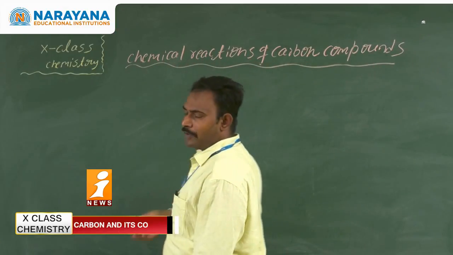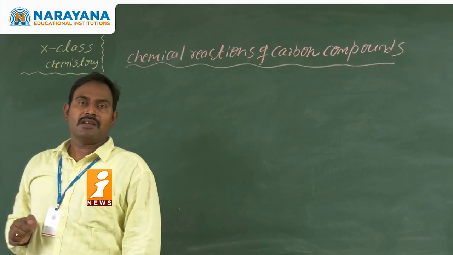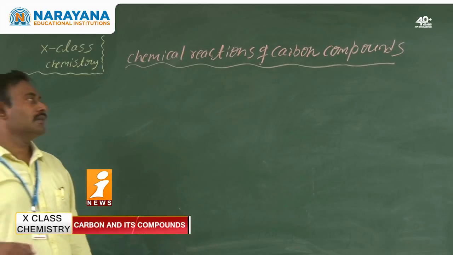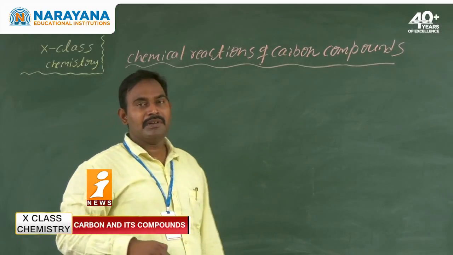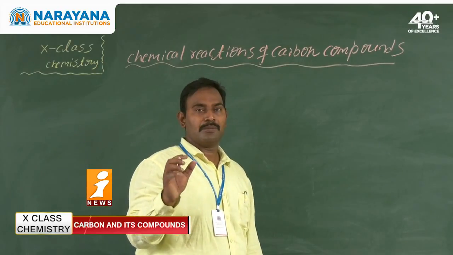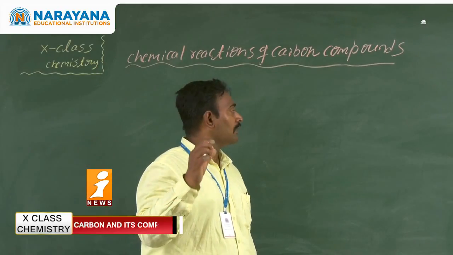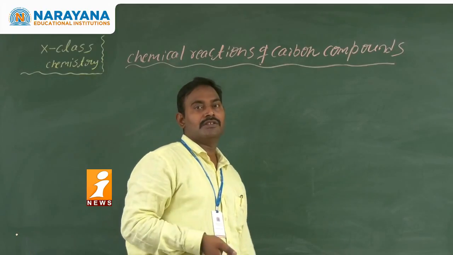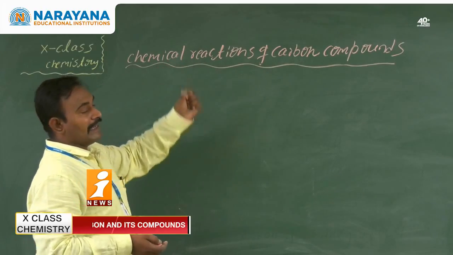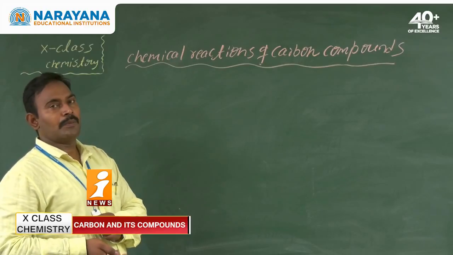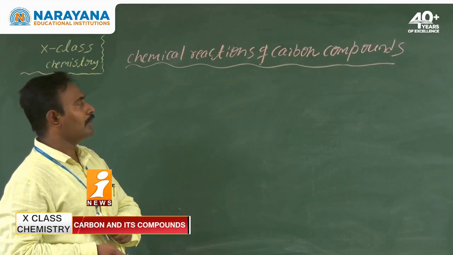Generally, approximately 5 million organic compounds exist, but all the compounds commonly exhibit some common chemical properties. So we can find mainly 4 types of chemical properties in carbon compounds.